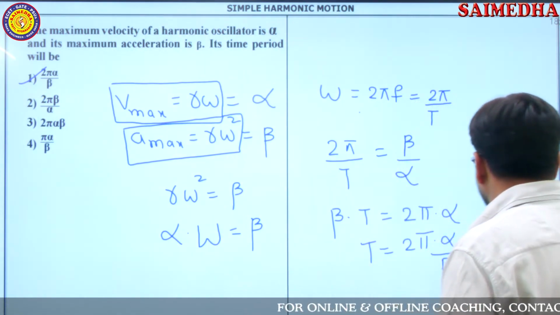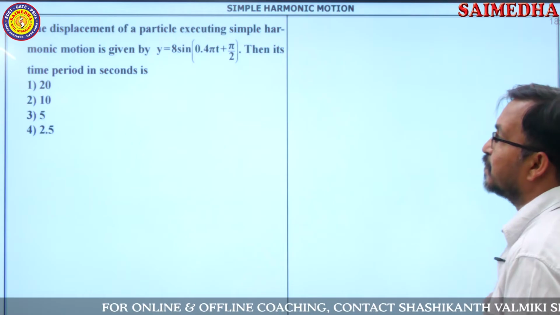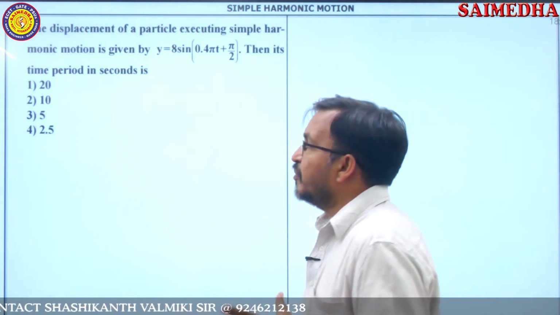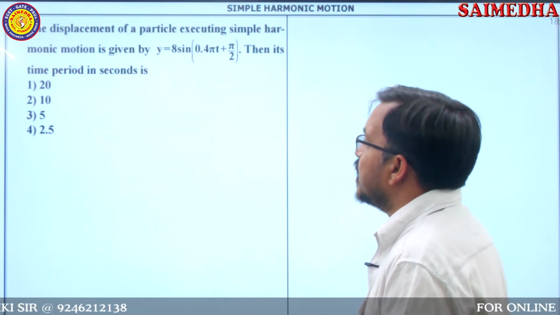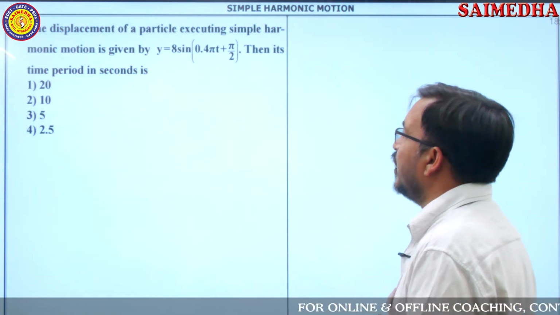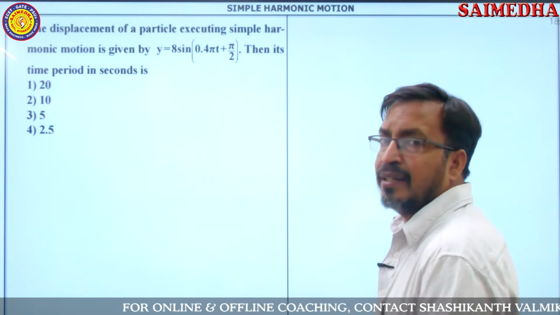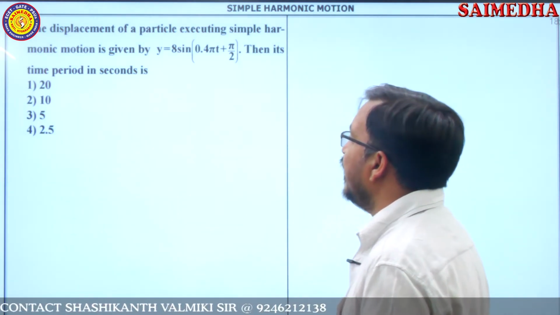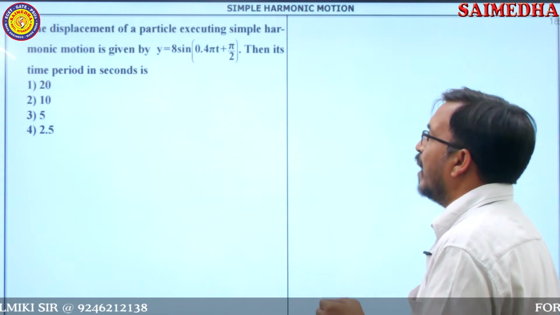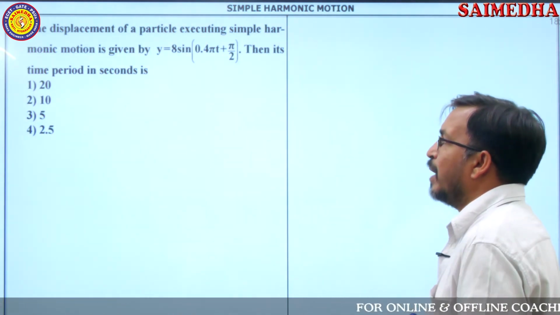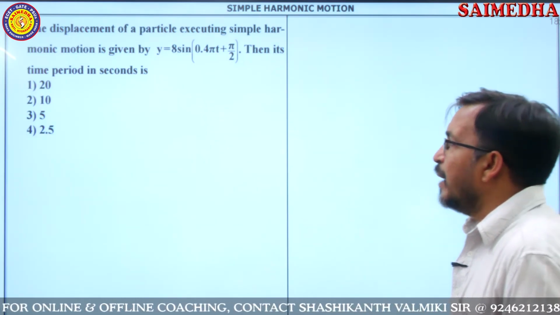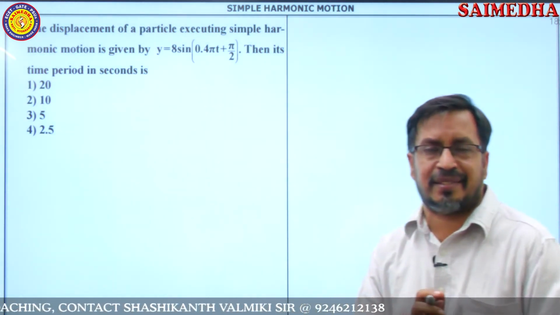Now we will solve the next question, that is the 5th question. See here, students. The displacement of a particle executing simple harmonic motion is given by y equals 8 into sine of 0.4 pi t plus pi by 2. Then it asks what is the time period in seconds.